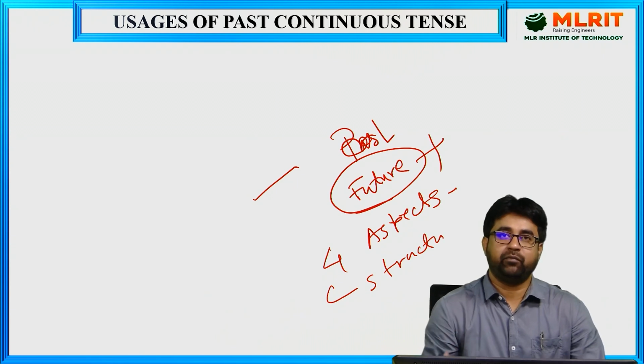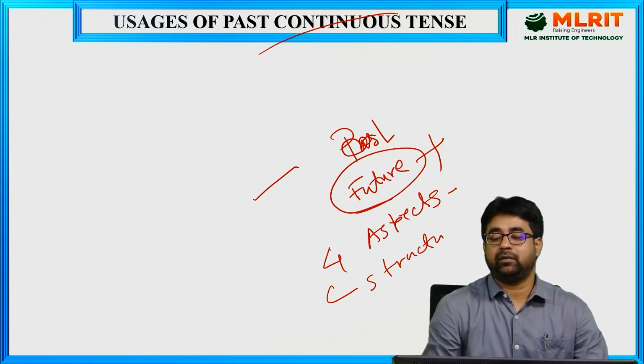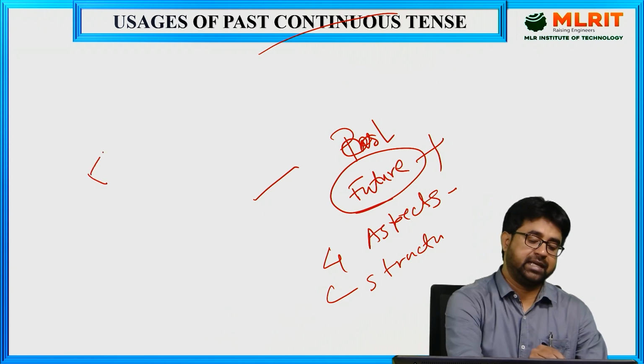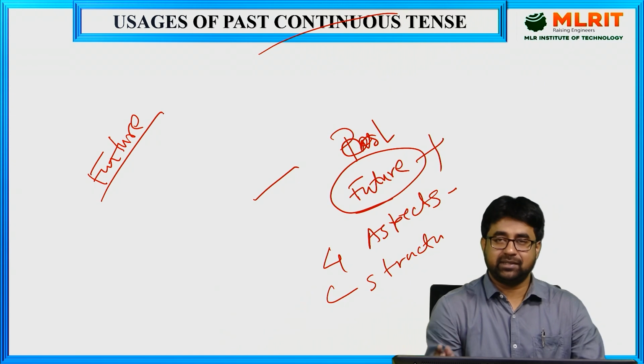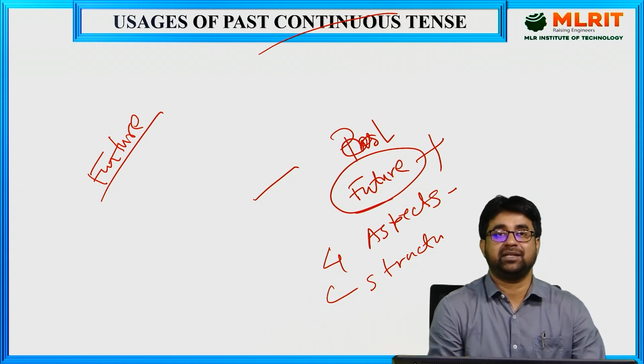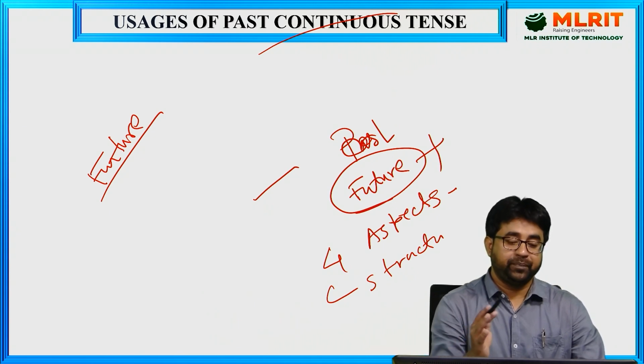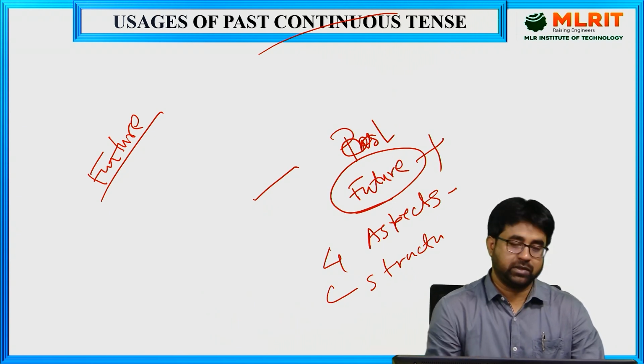So very simple, 4 aspects of future tense we got to know. This is not past continuous, it is future tense. And what exactly did we get to know? The 4 aspects, their structure as well as the usage, which are the particular instances or contexts in which we are supposed to use the different aspects of future tenses. So I hope it's clear.